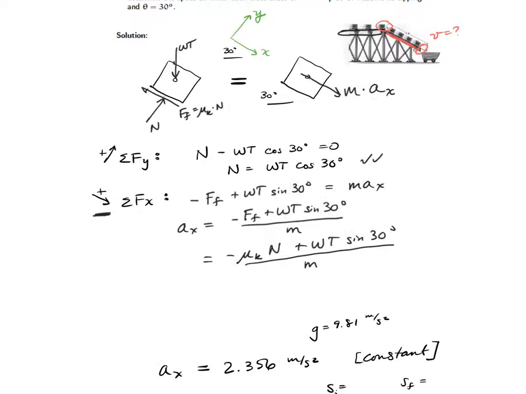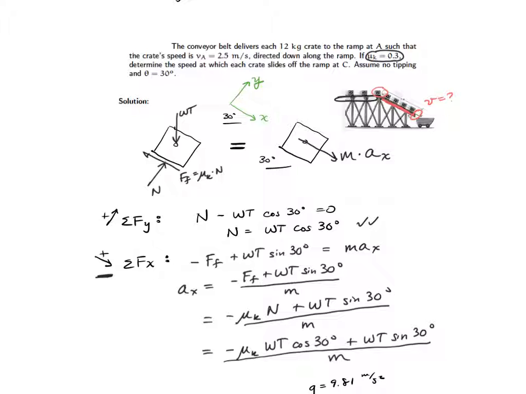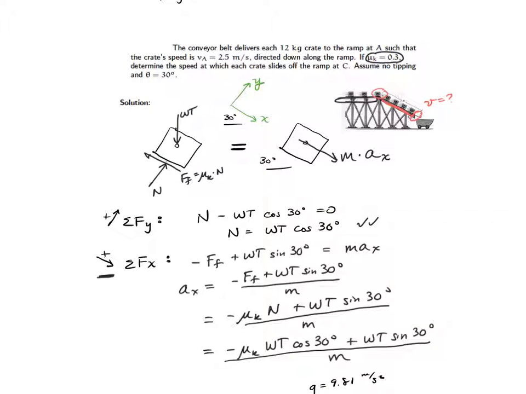And I'm going to try and keep it symbolic here. So I've got minus mu k N, where N from above is the weight cosine 30 degrees, plus weight sine 30 degrees, and that whole thing is divided by the mass. And so I'm just going to have to plug in my values here. I know the weight, right?